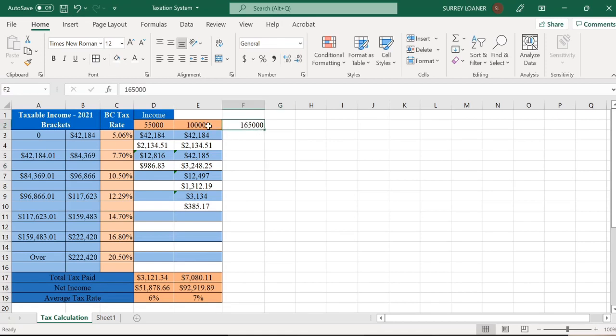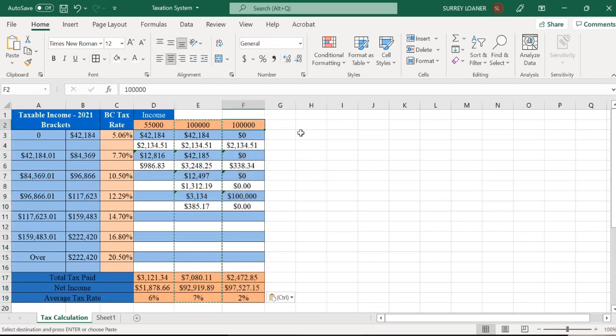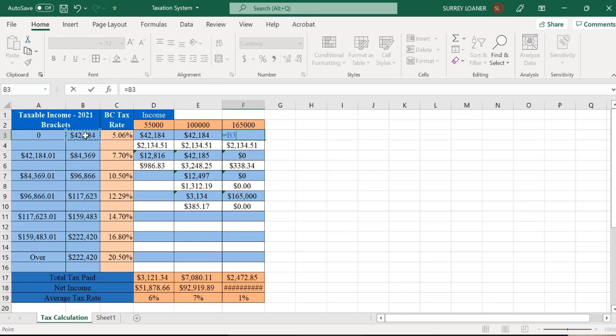So for this one, I'm just going to copy and paste here, and here I'm going to write $165,000, and here I'm going to write this figure is equal to this figure, enter.